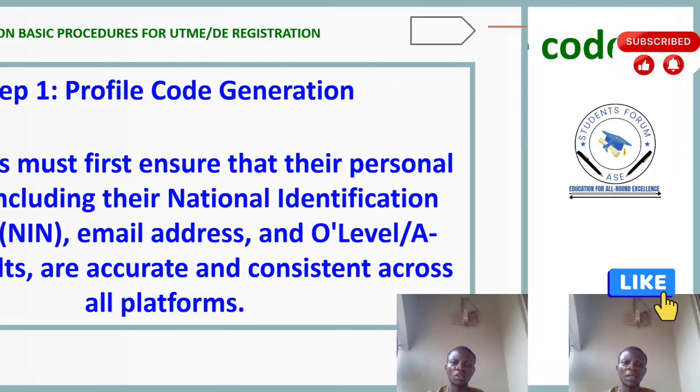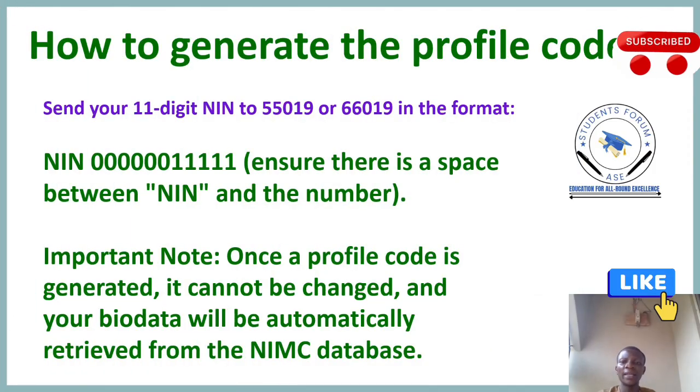So let's go. Now, how do you generate your profile code? You generate your profile code by sending your NIN number to 55019 or 66019. In this format, you enter your NIN, and you ensure there is a space between NIN and the number.